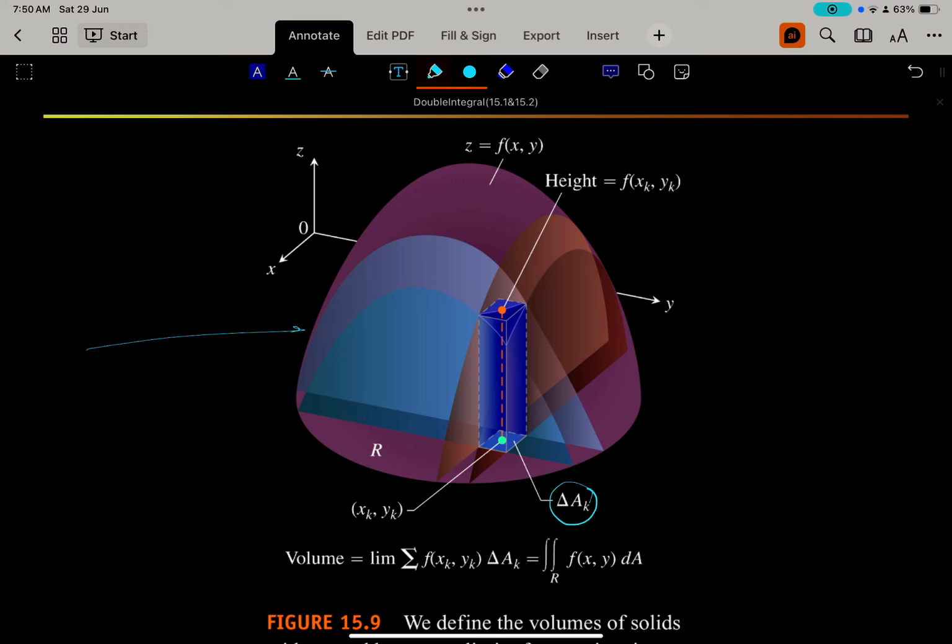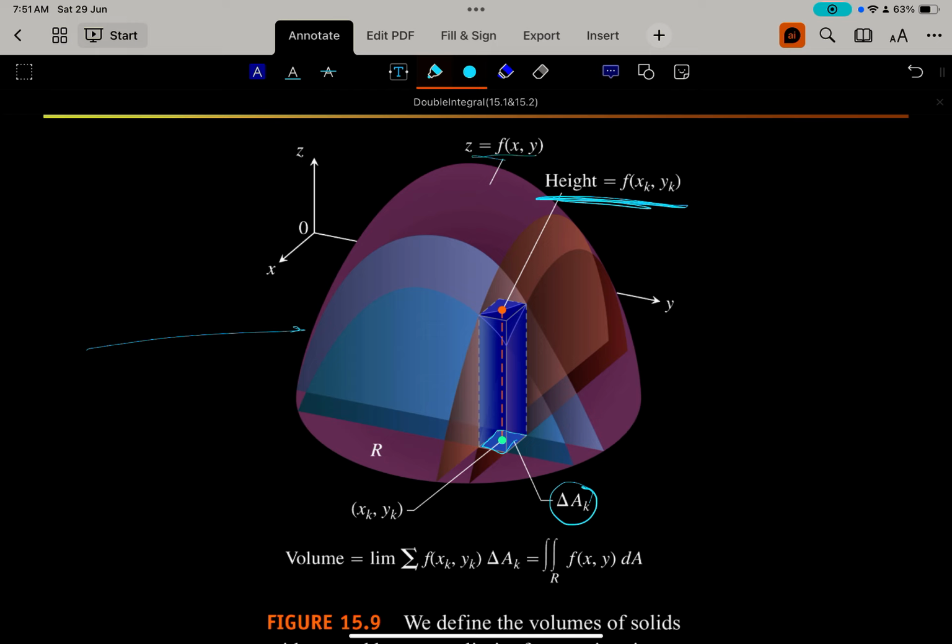As you can see, we have delta A_k, which is the area of the rectangle here, multiplied by the height f of x. This gives us the volume of the box, and then we have the function z = f(x,y).